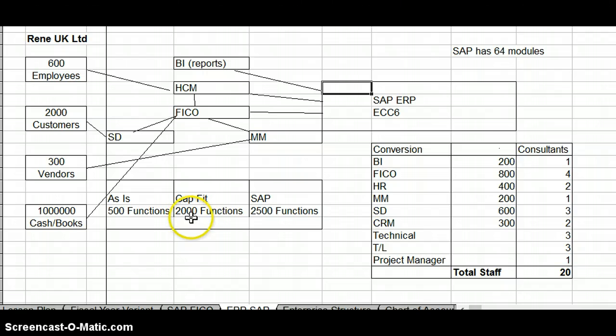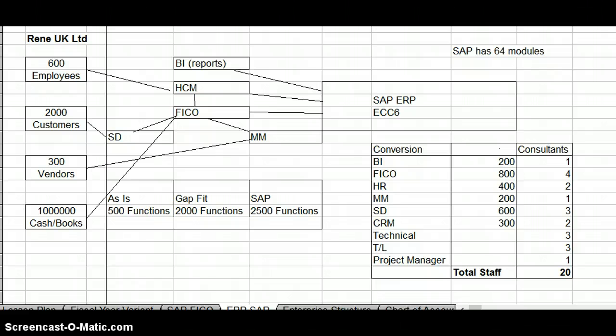So the gap fit is going to be 2,000 functions. So what the SAP consultant would have to do is fill in that gap of 2,000 functions to come up with a total of 2,500 functions for SAP.